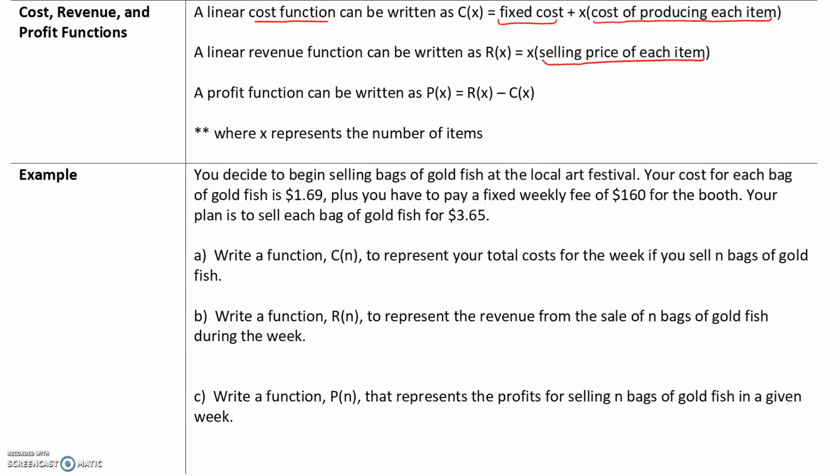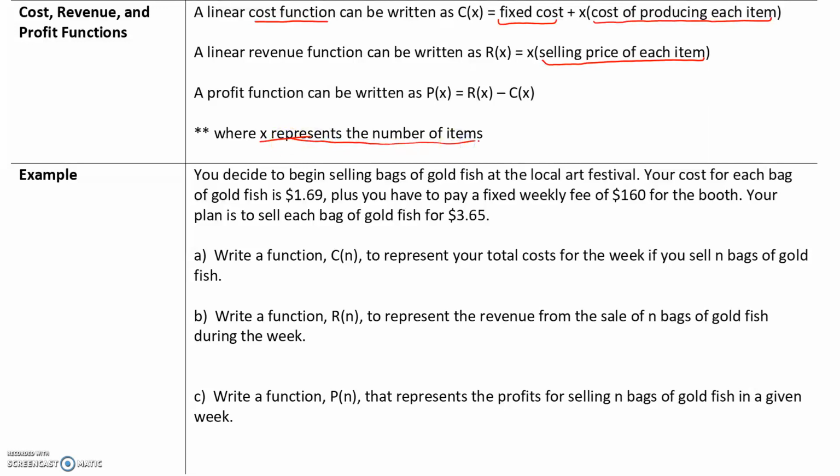Right? So let's say that we're selling something for $10 and we sell 3 of those items, then our revenue will be 10 times 3 or $30. Now the profit is revenue minus cost. So revenue is how much money is coming in, minus cost, how much money we paid to make those items, where x represents the number of items.